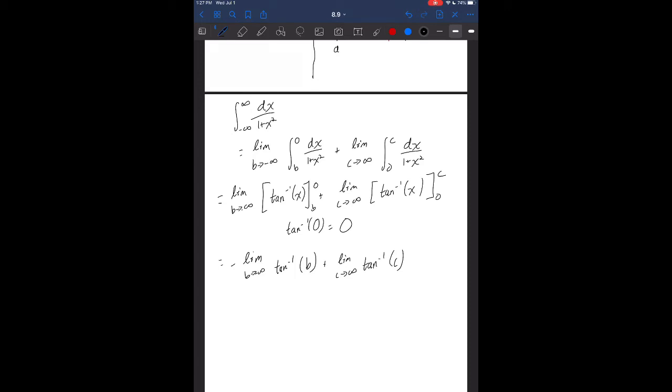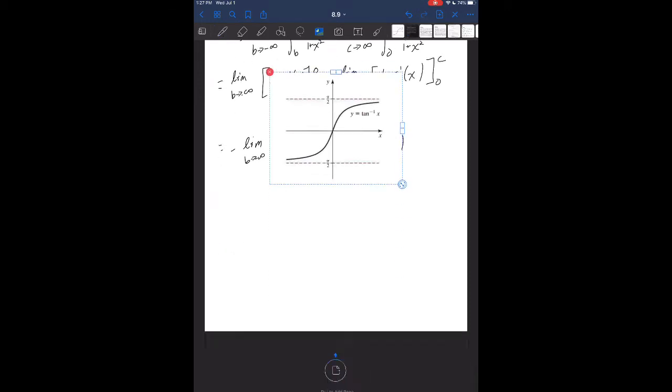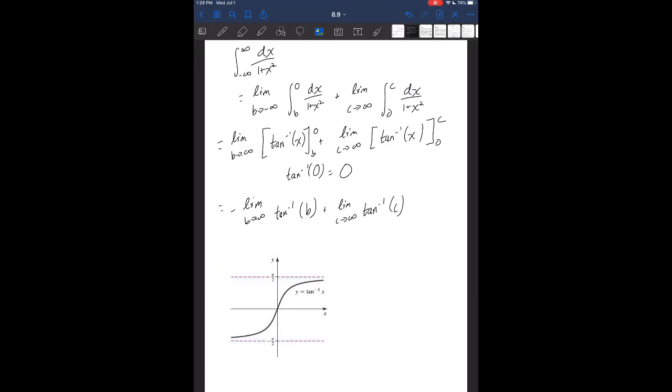Now, if we remember what our tangent function looks like, we can see that as we keep getting bigger and bigger x values, we are getting closer and closer to this horizontal asymptote of pi over 2. And similarly, as we get more and more negative x values, we're approaching this horizontal asymptote of negative pi over 2. And so what this means is that our final answer is negative of negative pi over 2 plus pi over 2, which simplifies to pi.